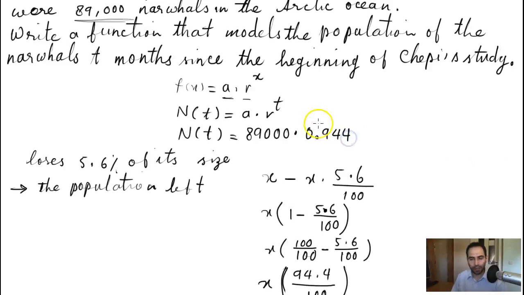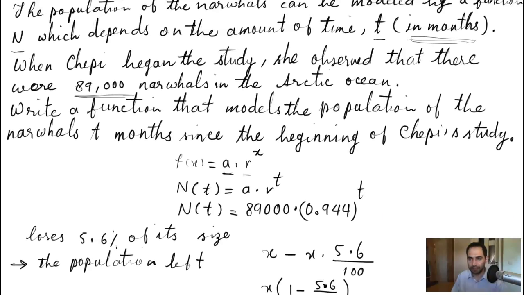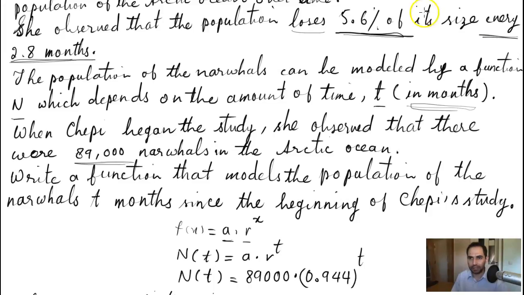Normally I would simply raise 0.944 to the t power, but here it loses 5.6% of its size every 2.8 months.